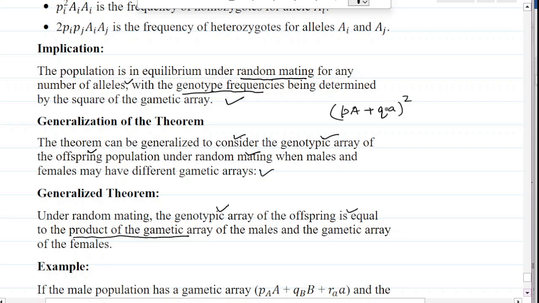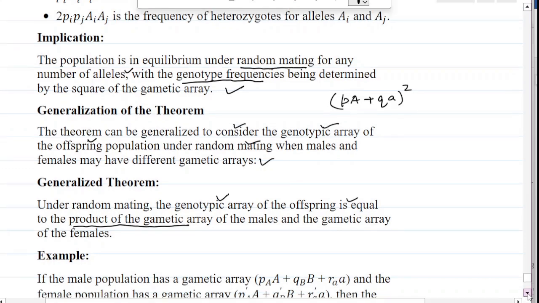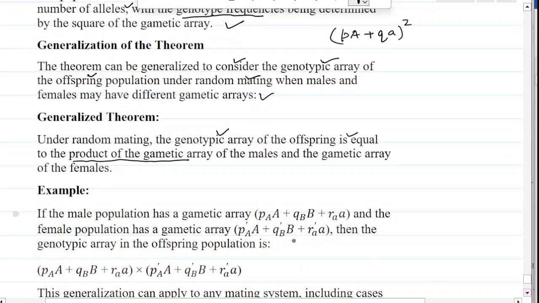But if male and female have different gametic arrays, then how can you find out the genotypic array of offspring in the next generation? That can be done by just multiplying the gametic arrays of male and female. Let us consider an example.